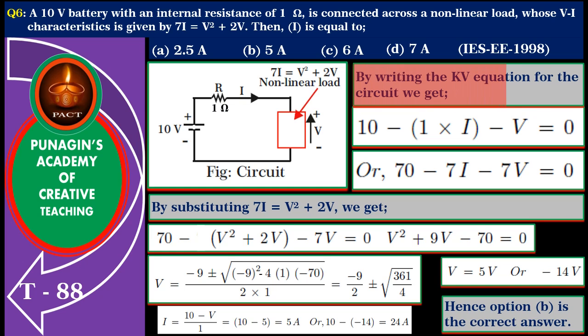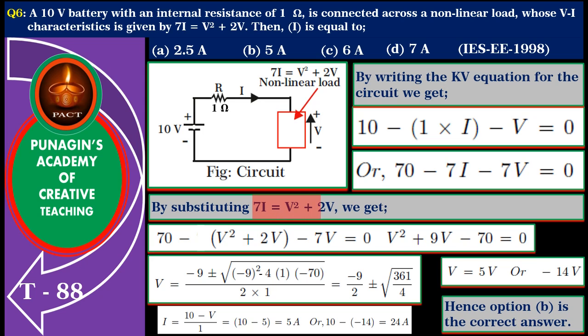By writing the Kirchhoff's voltage equation for the circuit, we get 10 minus 1 into I minus V is equal to 0. Or by multiplying by 7, we get 70 minus 7I minus 7V is equal to 0.